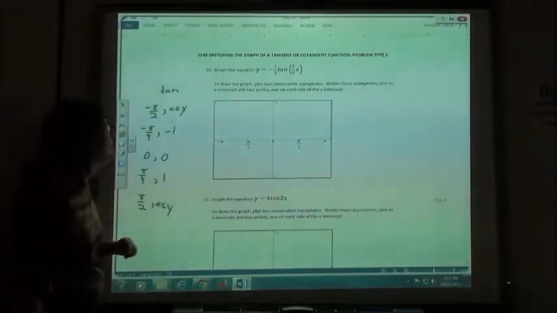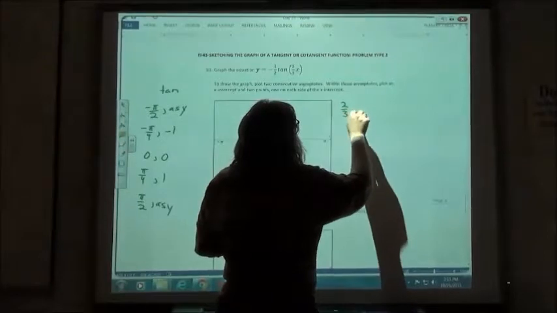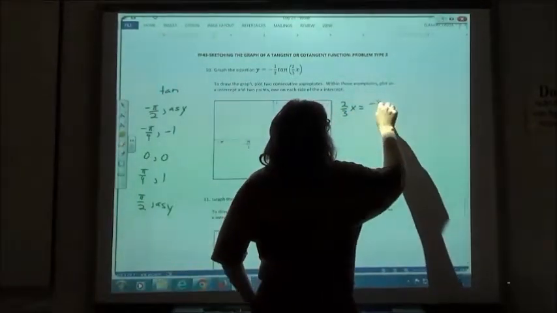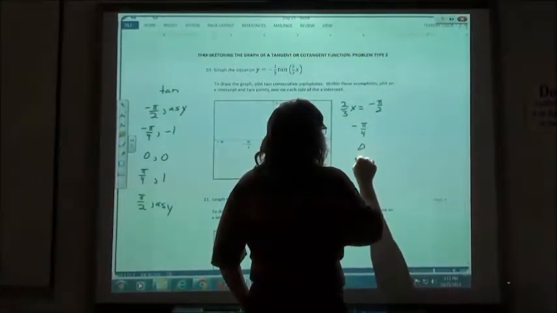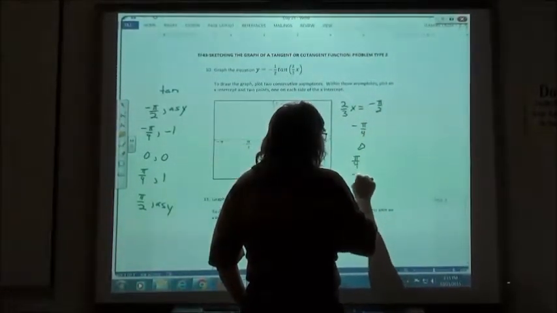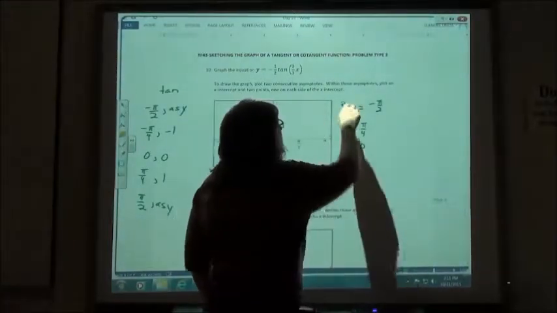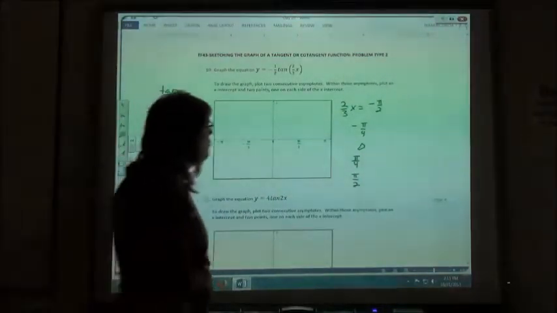We'll get to that. So, again, we take the part in the parentheses, the 2/3 x, and set them each equal to our x values here: negative pi over 2, negative pi over 4, 0, pi over 4, and pi over 2. And then we have to solve. So we would divide by 2/3, which is multiplying by 3 over 2.